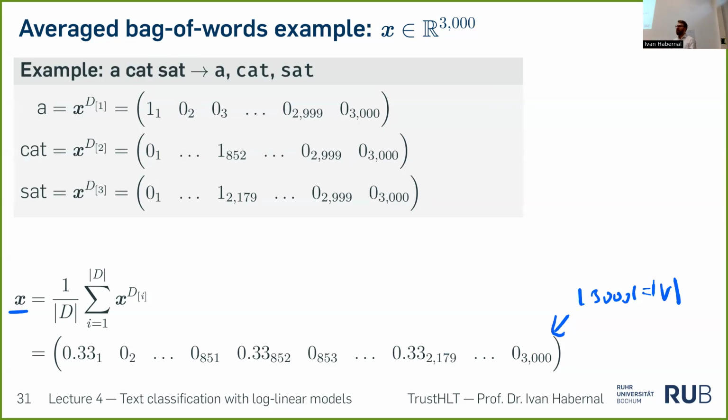And now, no matter how long my sequence or sentence is, everything will be crammed into a 3000-size vector. Because if I have a cat sat on the mat, which is somehow a very popular sentence in linguistics for some reason, I don't know why, I can do the same procedure, add more words, and do the average, and everything will be again in the same 3000-dimension space.